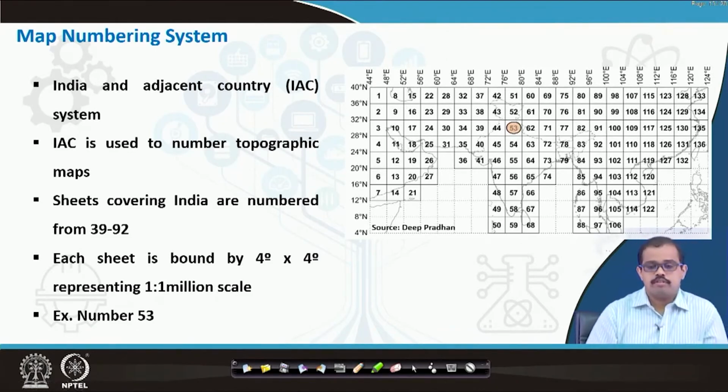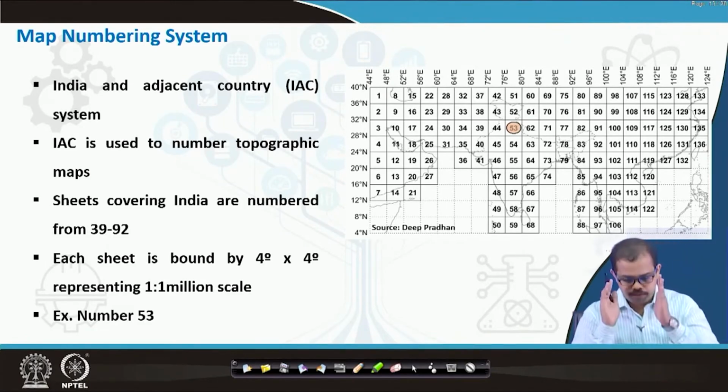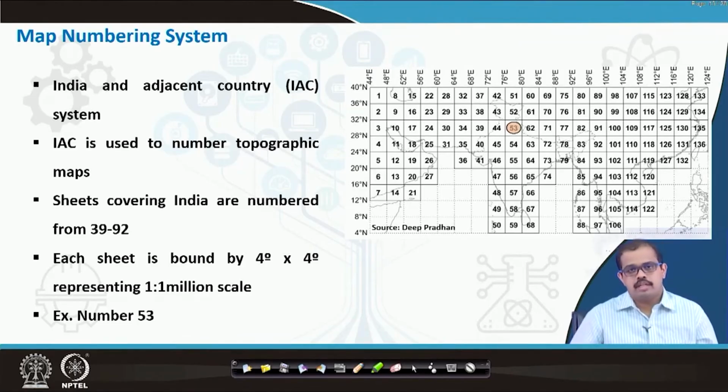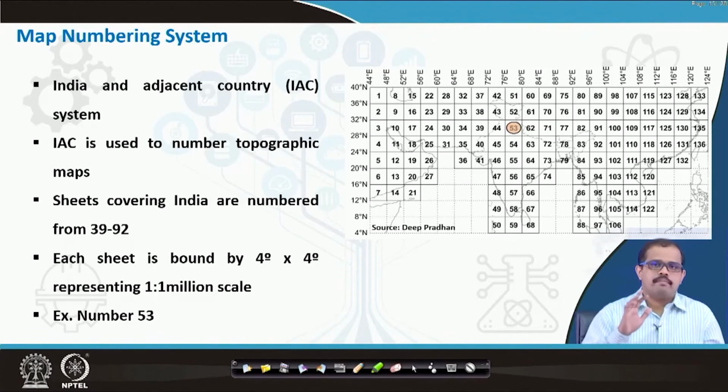IAC is used to number the topographic map sheets for India, which means the entire Indian subcontinent is from 39 to 92. So each sheet is bounded. For example, if I have 1 million units on the ground, and I want to see a very coarse map, if I just want to look at the administrative divisions of different states, then a 1:1 million map is a very good extent.